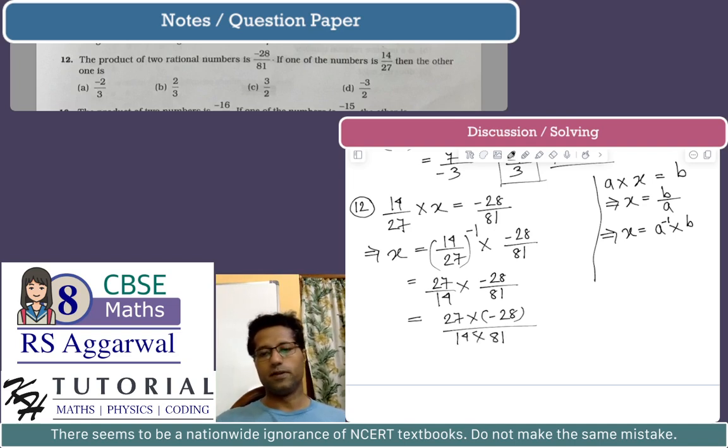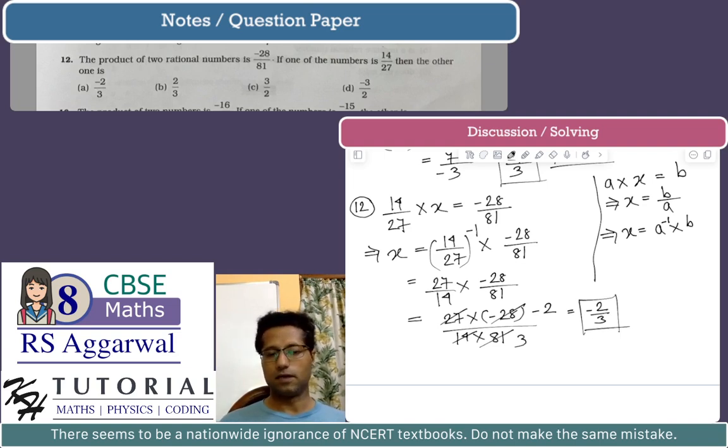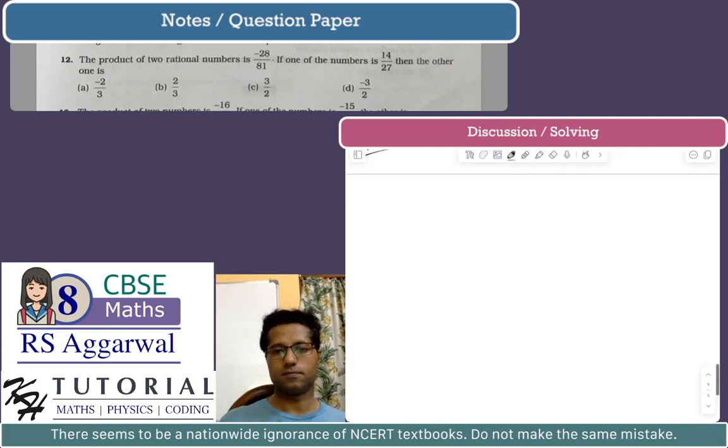Okay, so 14 divides minus 28 with minus 2, and 27 divides 81 with 3. So this is minus 2 by 3. So one number is given as 14 by 27, the other number is x, which we have found to be minus 2 by 3. So the correct choice is minus 2 by 3, the correct choice is A. Okay, let's do problem number 13.